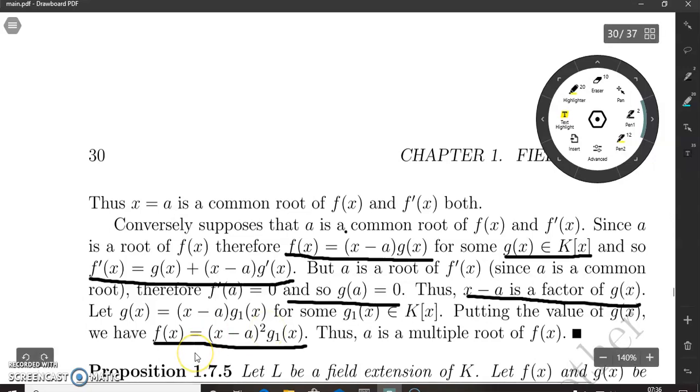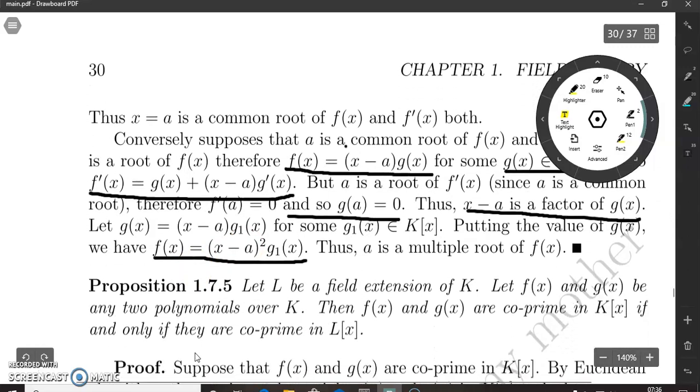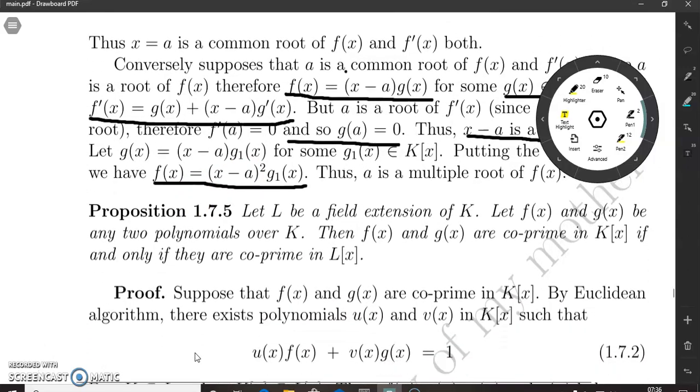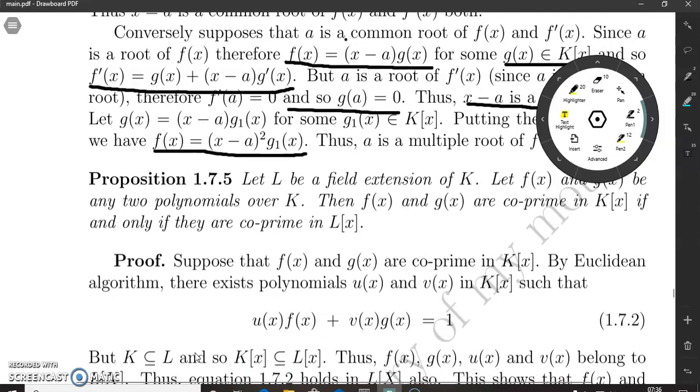Okay, so we use this result several times in coming videos. Now this is again another fundamental result.